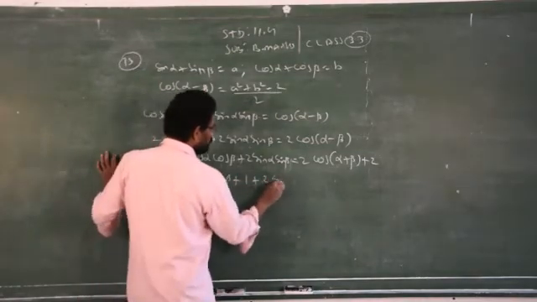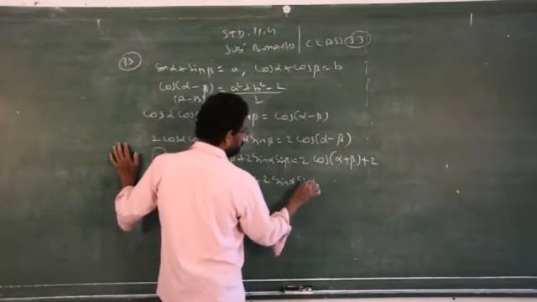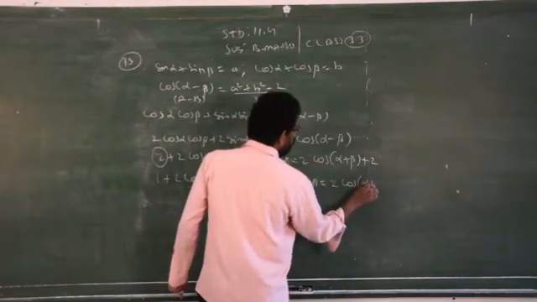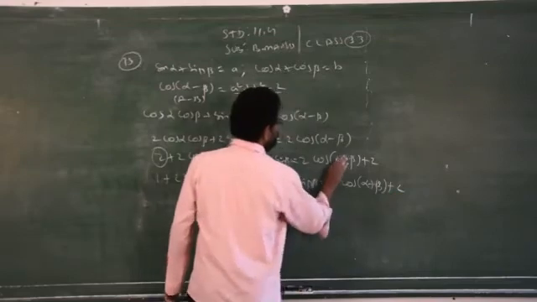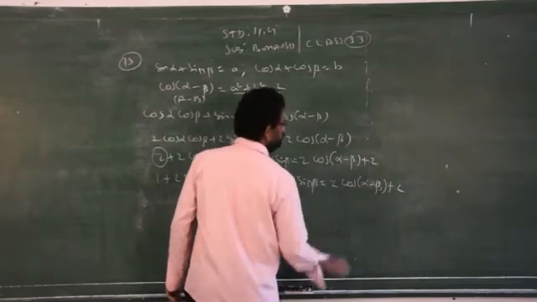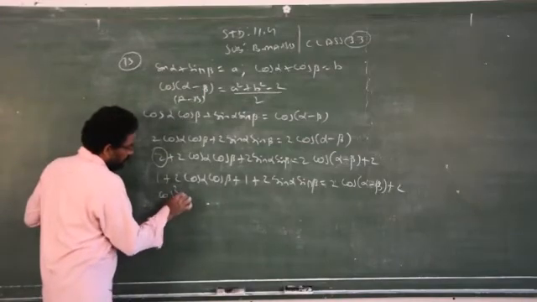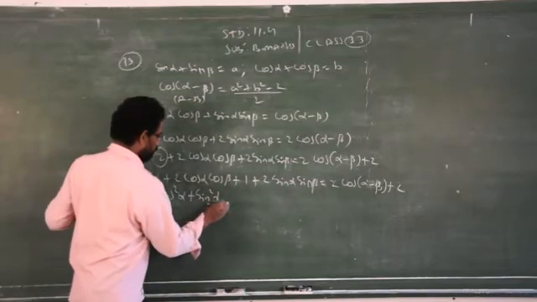1 plus 2 sin alpha sin beta, 2 cos alpha plus beta, minus, plus 2. Now I am replacing this 1 by using the identity cos square alpha plus sin square alpha.